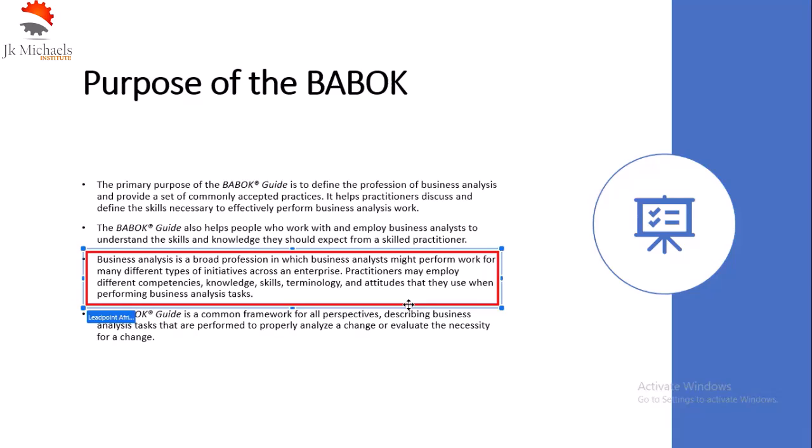There are a lot of areas and a lot of spaces where you can put your business analysis knowledge and skills to practice. Practitioners may employ different competencies, different knowledge, different skills, different terminologies, different attitudes when performing business analysis work. A lot of times it would depend on the nature of the initiative or the nature of the organization.